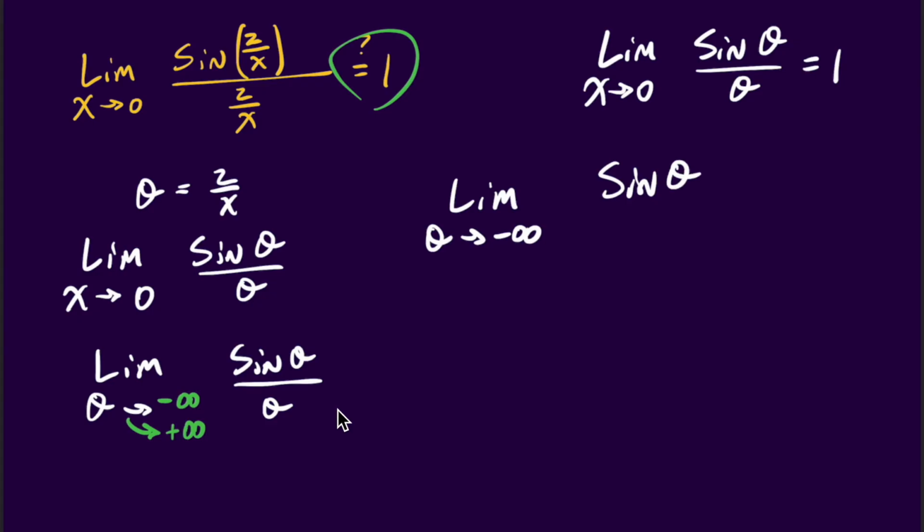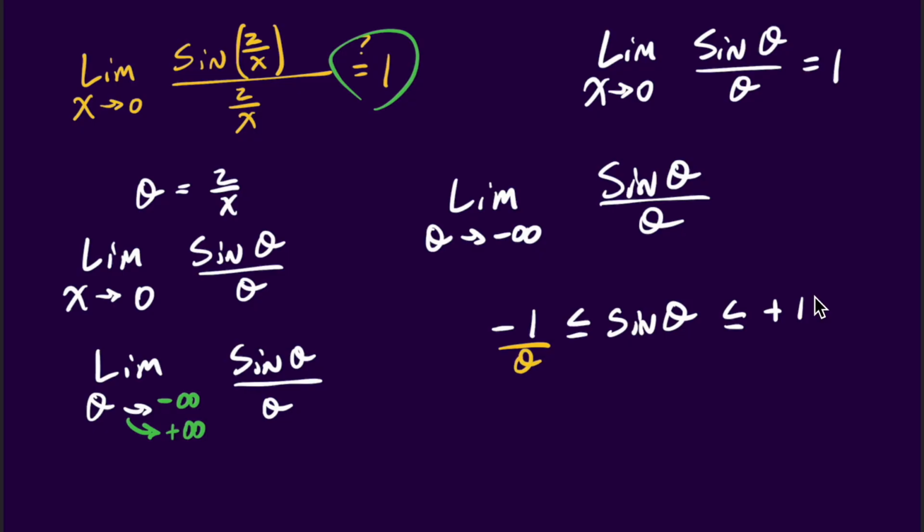Alright, so here's our limit here. And to do this, we're going to use the squeeze theorem. So we're going to put sine of theta here. And we know that no matter what the value of theta is, the y value is going to fluctuate between 1 and negative 1. Then we're going to divide this entire inequality by theta.